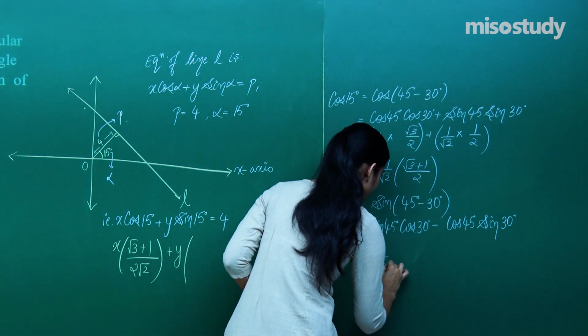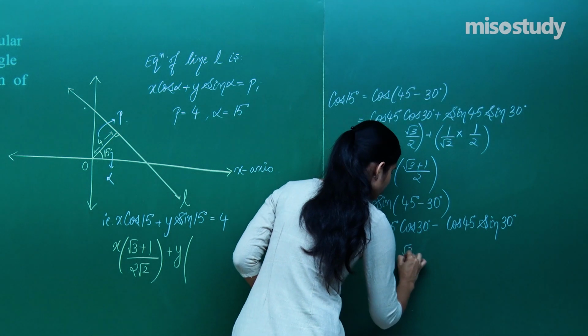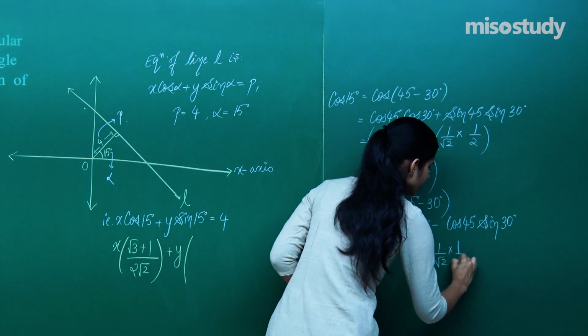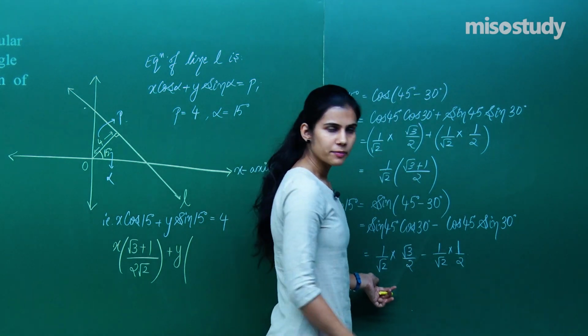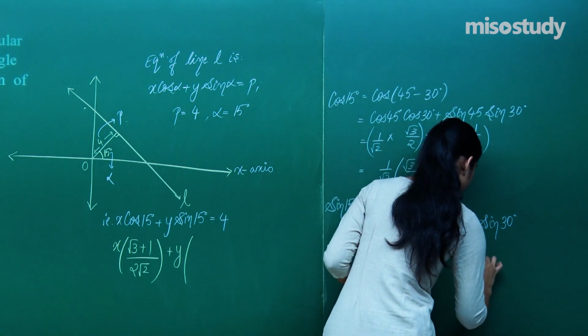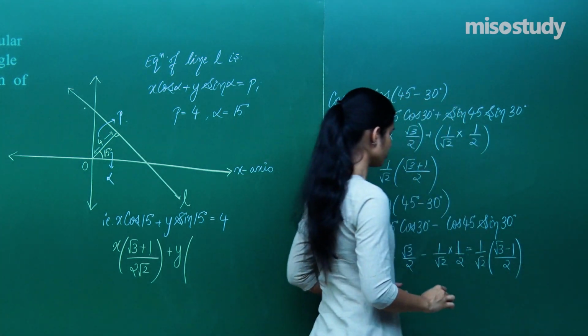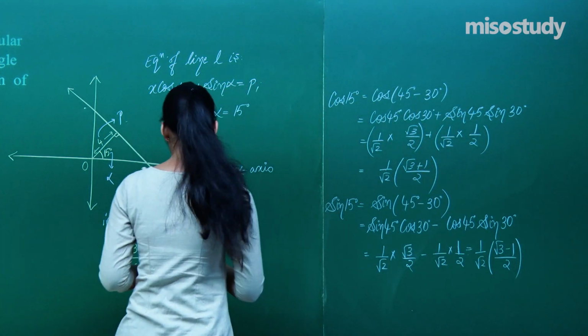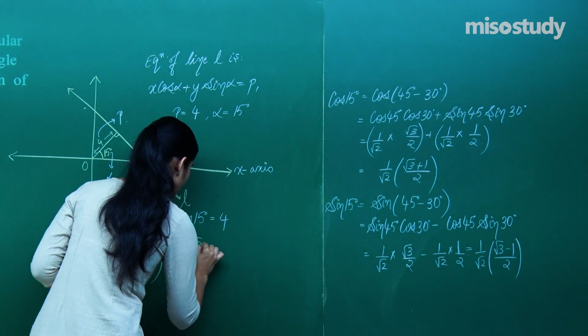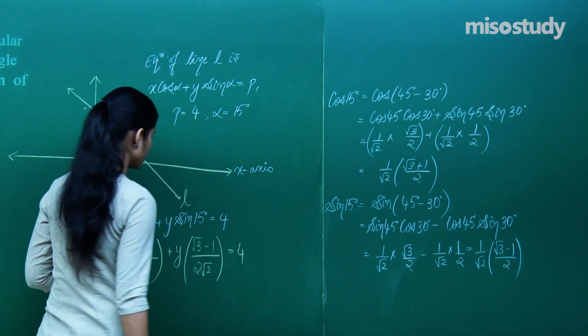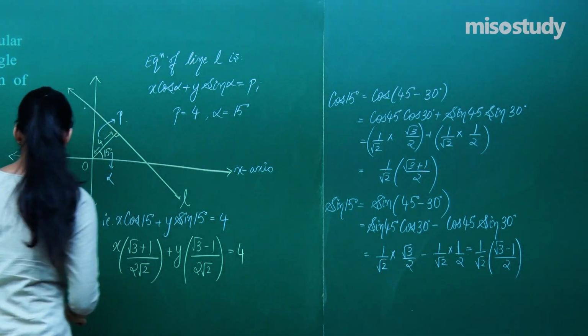Sin 45 is 1 by root 2, cos 30 is root 3 by 2, minus again 1 by root 2 sin 30, 1 by 2. This eventually gives you 1 by root 2 common, root 3 minus 1 by 2. So this happens to be root 3 minus 1 by 2 root 2 equals 4, which eventually gives you what?